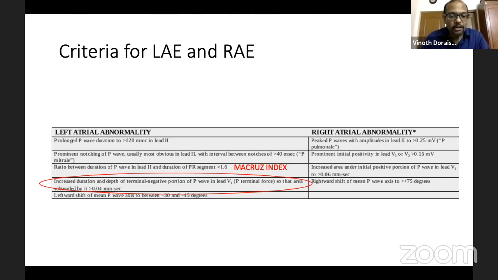If the area subtended by that negative portion of the P wave is more than one small box, that is more than 0.04 millimeter-seconds, it is a left atrial enlargement. And if the initial positive portion of the P wave, which shows the right atrial depolarization, is more than 0.06 millimeter-seconds, that is more than 1.5 small boxes, it is a right atrial enlargement. So these are two important points concerning the biphasic wave in V1.